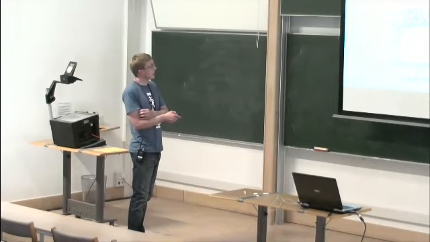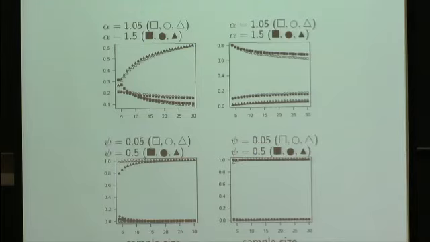This is again the case when all populations have the beta coalescent with the same value of alpha, and also here the point mass process with the same value of psi.